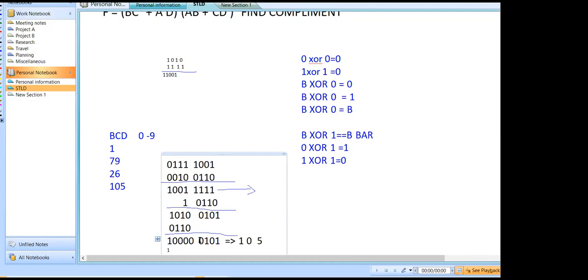That is the result that we get using normal addition. అంటే 2 numbers మనం డెసిమల్ అడిషన్ చేస్తే 105 రావాలి. BCD అడిషన్ లో కూడా 105 వచ్చింది.